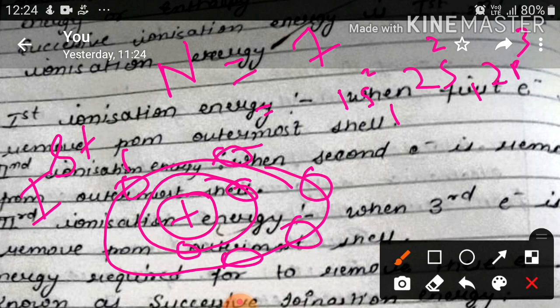When we remove the second electron, it is known as second ionization energy. After removing the first and second electrons, there are 3 electrons in the outermost shell. Now when we remove the third electron from the outermost shell, it is known as third ionization energy, and these are known as the successive ionization energies, that is the first, second and third ionization energy respectively.